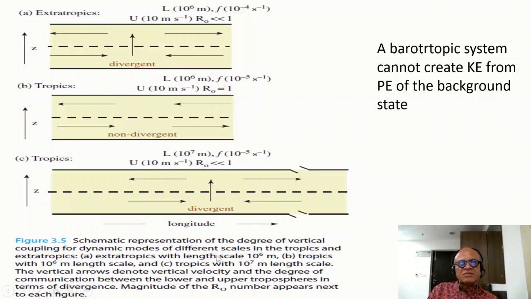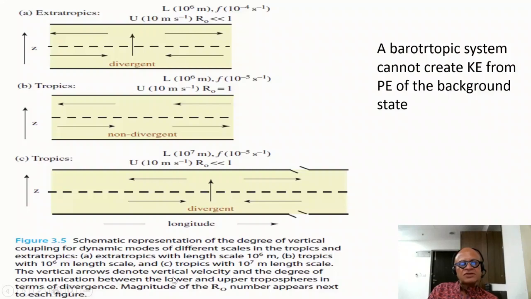So this is the schematic representation of the degree of vertical coupling for dynamic modes of different scales in the tropics and extratropics: in the extratropics with a length scale of 10^6 meters, tropics with a length scale of 10^6 meters, and tropics with a 10^7 meter scale.